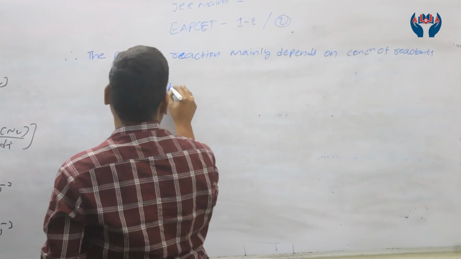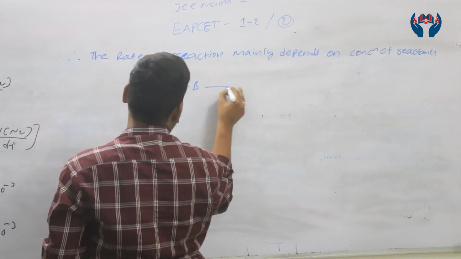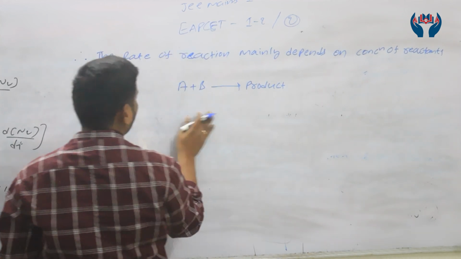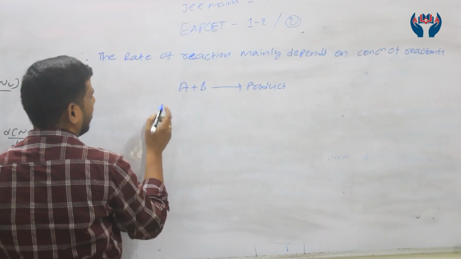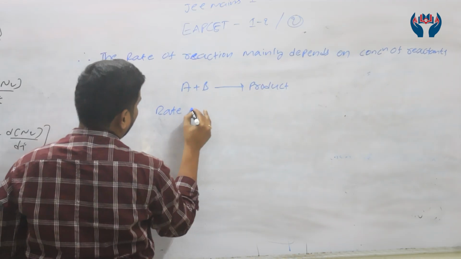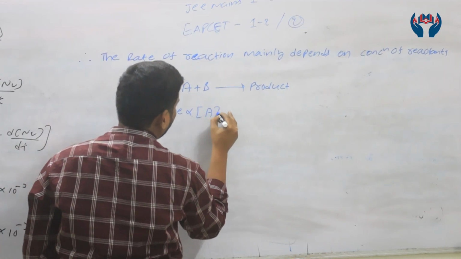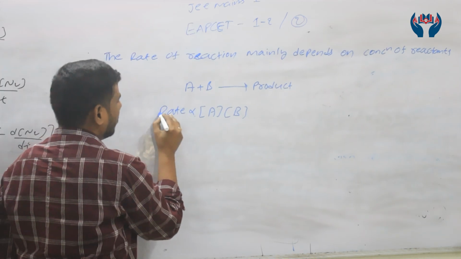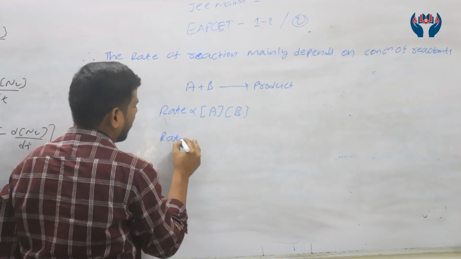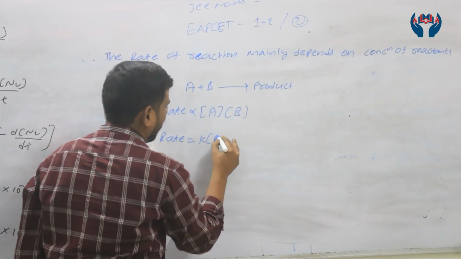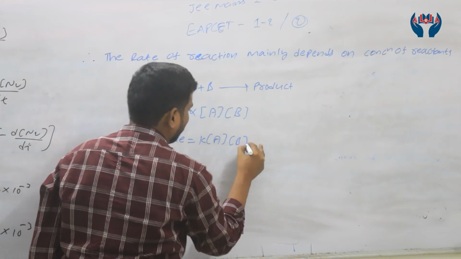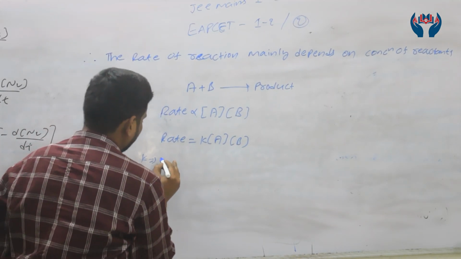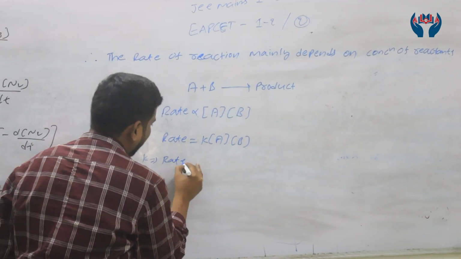For example, A plus B gives rise to product. The rate depends upon only reactants A and B. Then rate is proportional to A and B, and one constant is introduced: rate equals K into A into B. What is K? K is the rate constant.